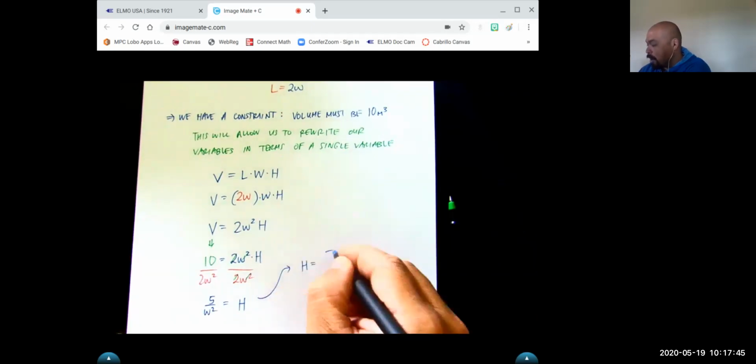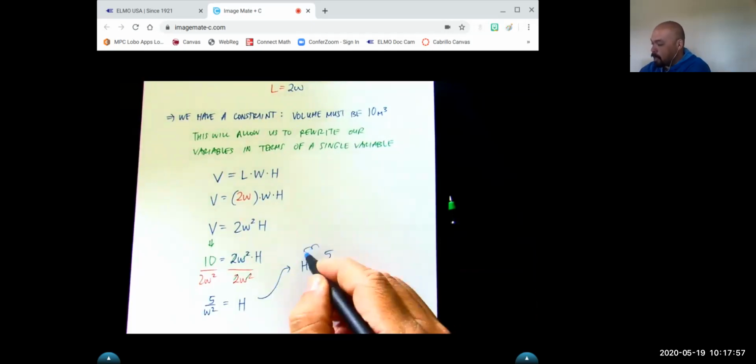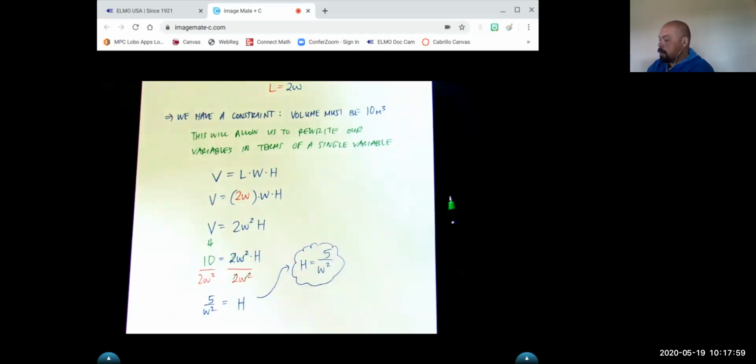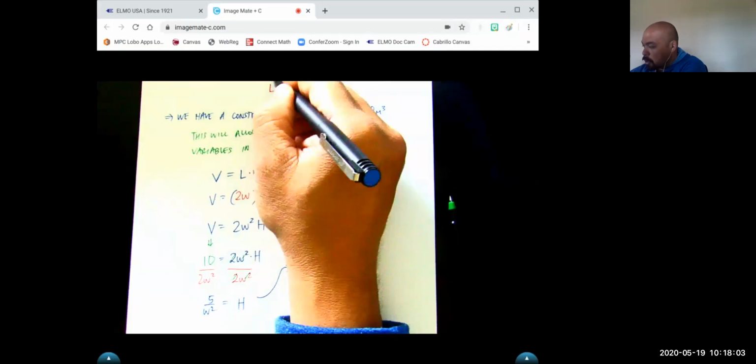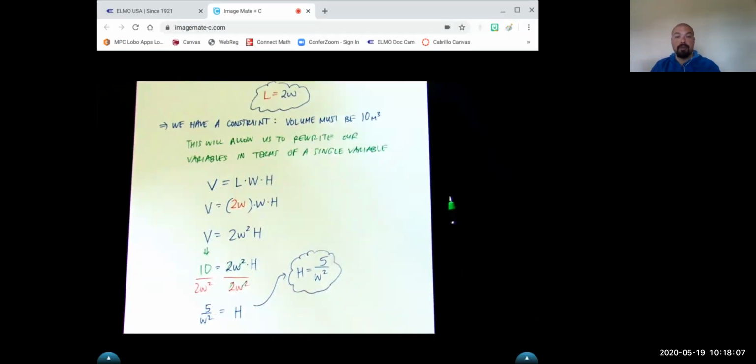So now we have the height of that box in terms of the width of its base, W, right? And the length we had done earlier, going back up here, 2W.